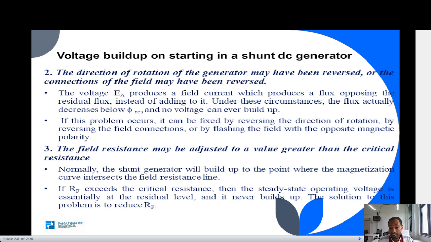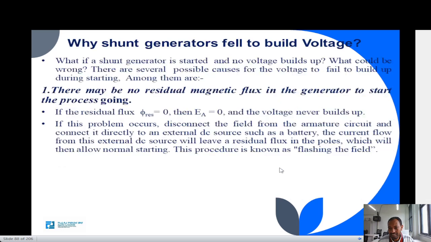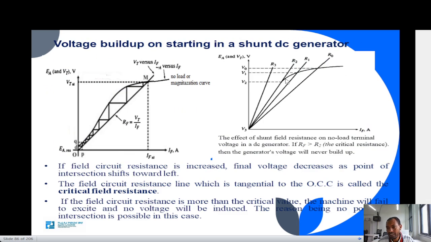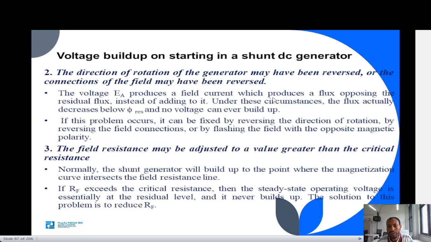If the field resistance is beyond the critical value, out of the OCC curve, there is no intersection point, so it may fail to build. So it might be that the field resistance is higher.